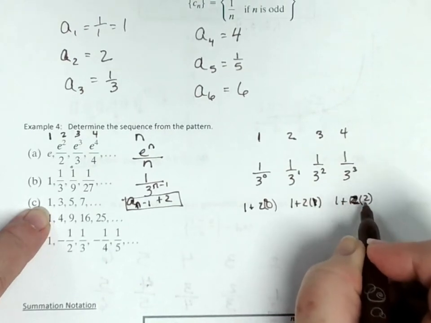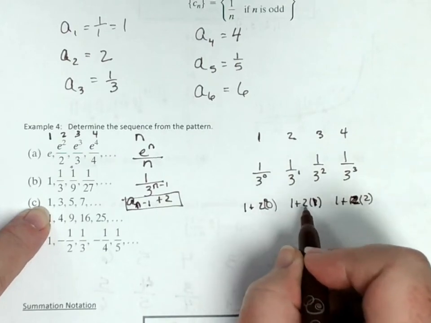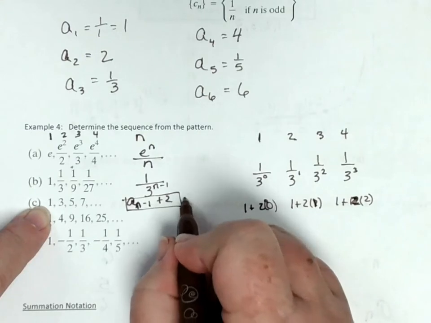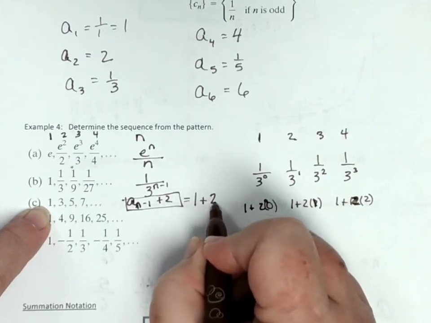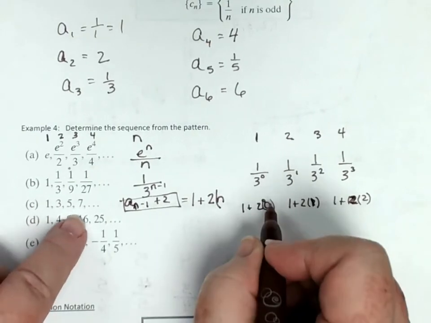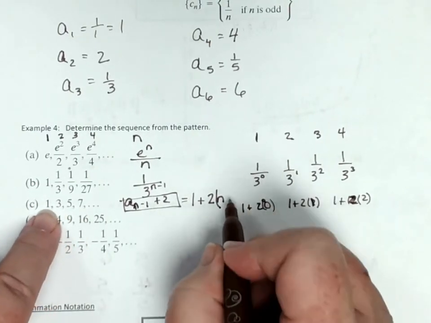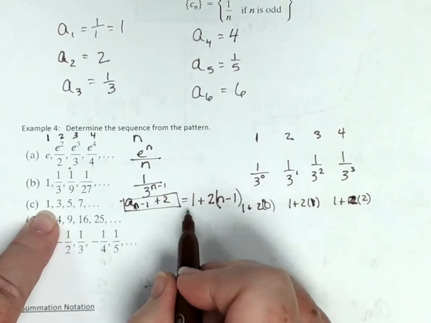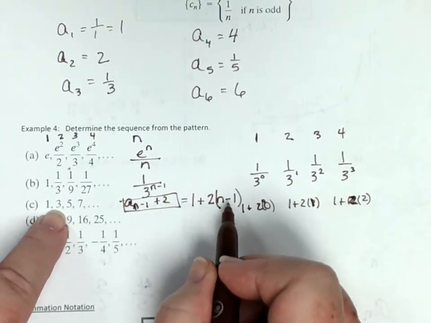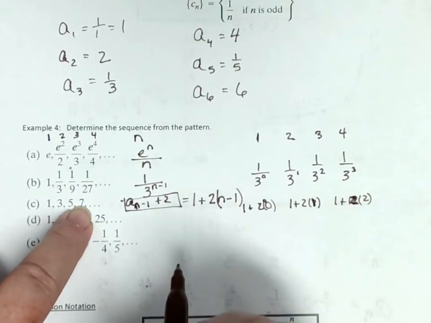Do you notice that we're adding 2 more each time, so we're multiplying another 2? We could write that as 1 plus 2 times n, but this was the first term, so it's n minus 1. So it's 1 plus 2 times 1 less than the number of the space that we're in.